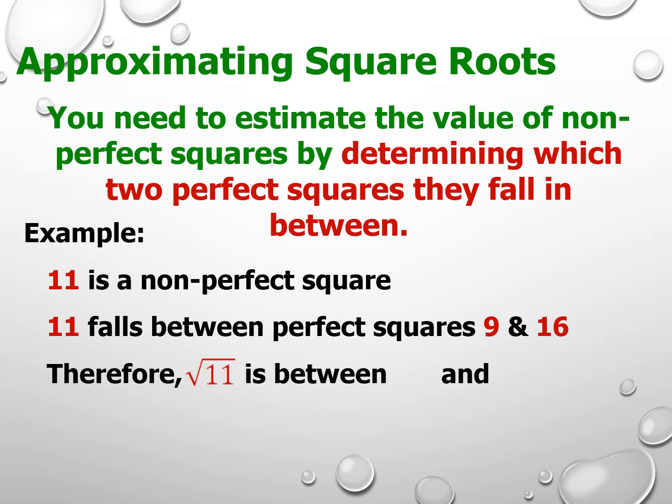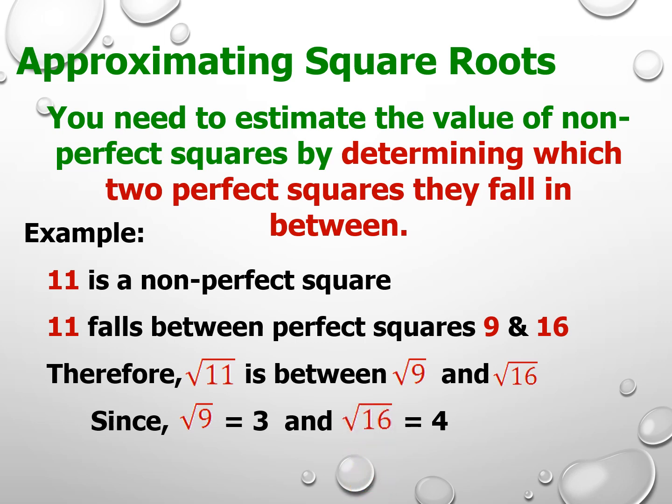So therefore, square root of 11 is between square root of 9 and square root of 16. So since square root of 9 equals 3 and square root of 16 equals 4, then square root of 11 is between 3 and 4. That is how we approximate square roots.